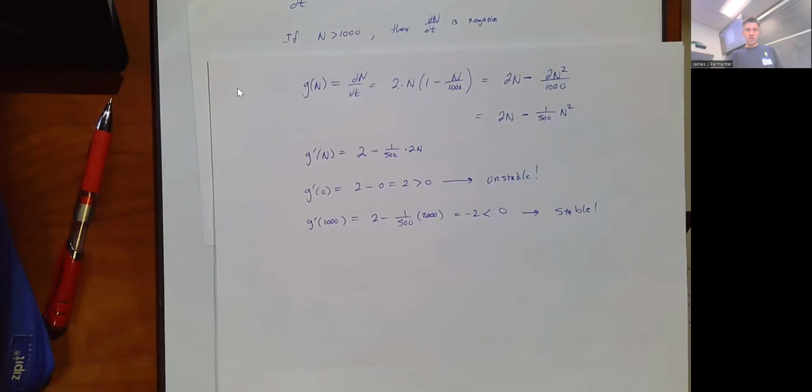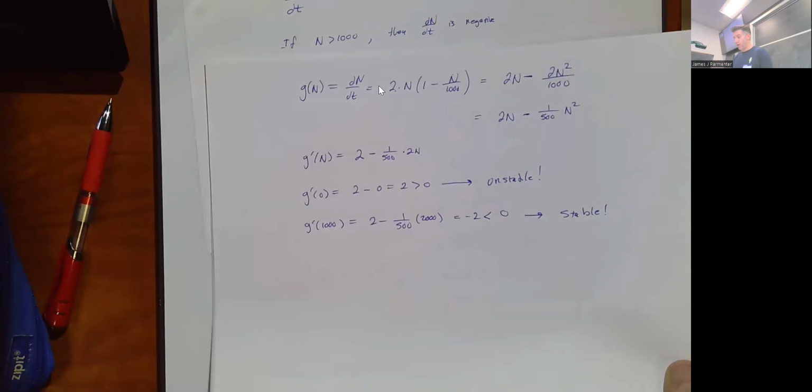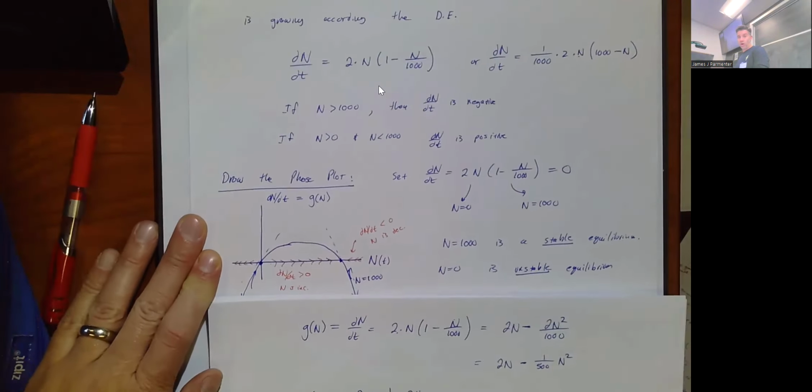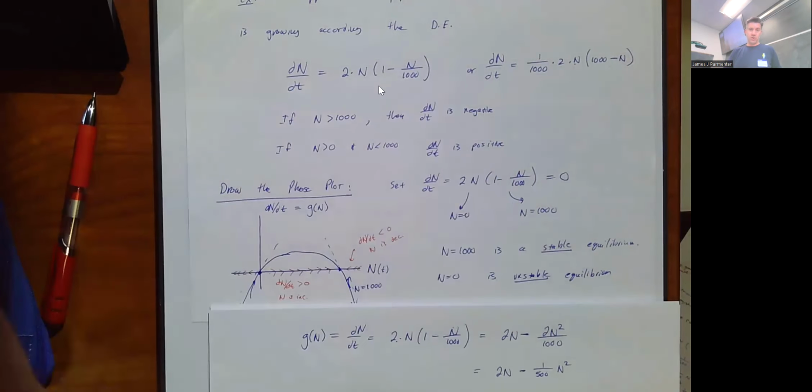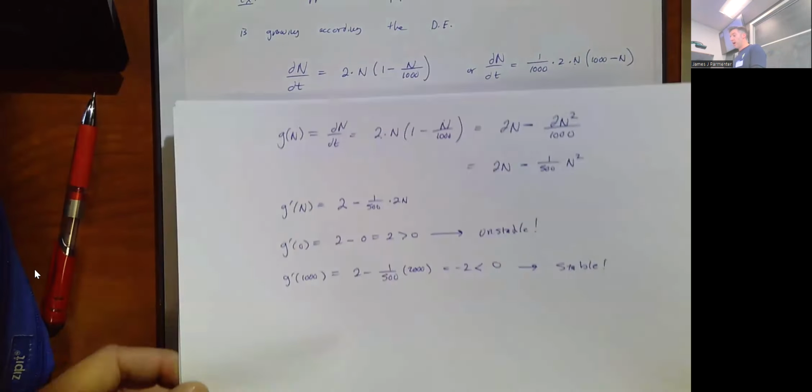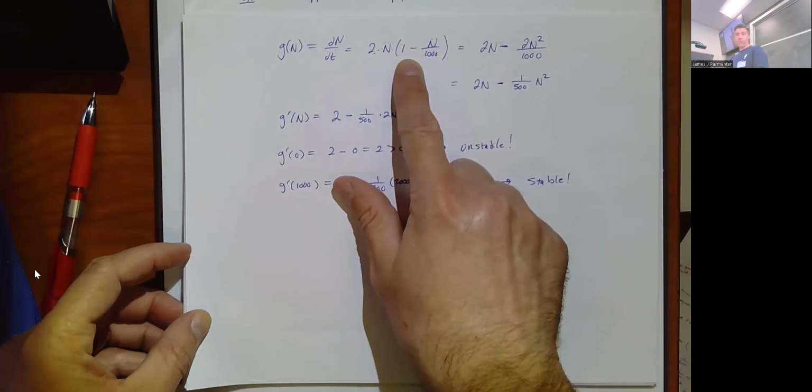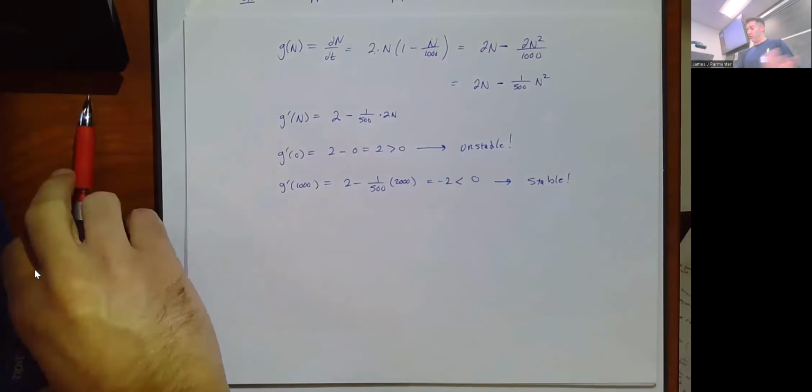How did G prime of n come to be? So we made up G of n, right? We said, we're just going to call whatever dn dt is equal to, that's what we're calling G of n. And so instead of using the product rule, although I totally could, we could use the product rule if we really wanted to.